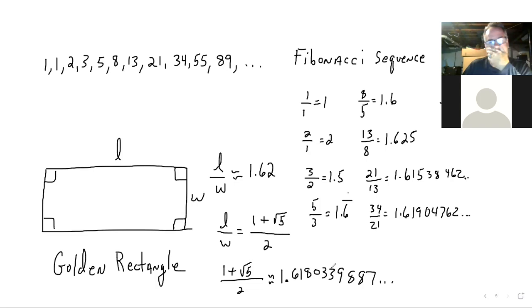Now, if we would go on and study some more mathematics and study a concept called limit, it's basically as I go to, because the sequence just goes on forever and ever and ever, if I would look at the limit of the ratio of consecutive terms of the Fibonacci sequence, it's exactly the golden ratio. So there's an absolute direct connection between these two.